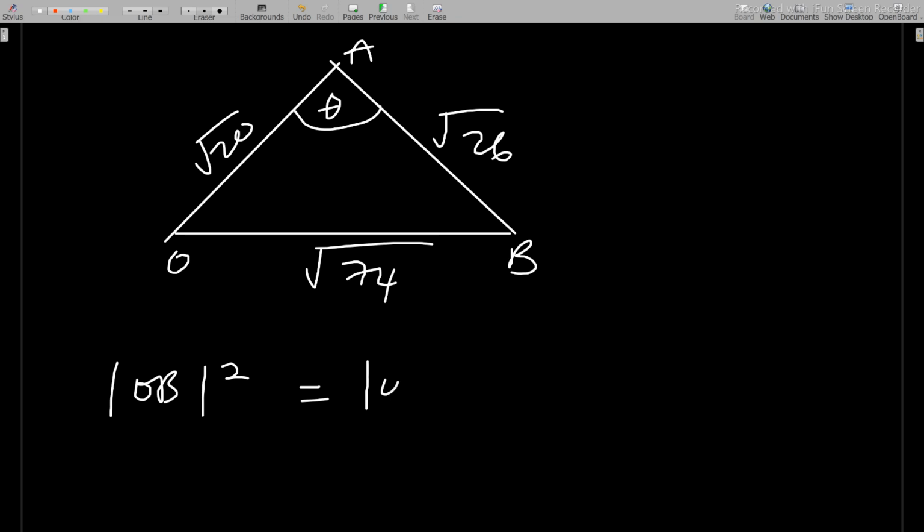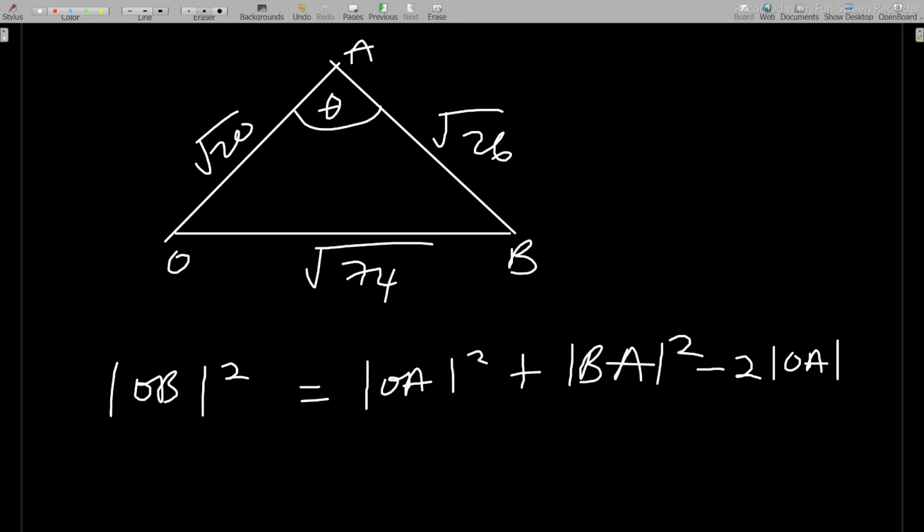Let me put it that way: OA squared plus BA, or AB, squared. Let's use BA because BA was given in the question. Then minus 2 times OA times BA, the product of all of this, then times cos of theta.